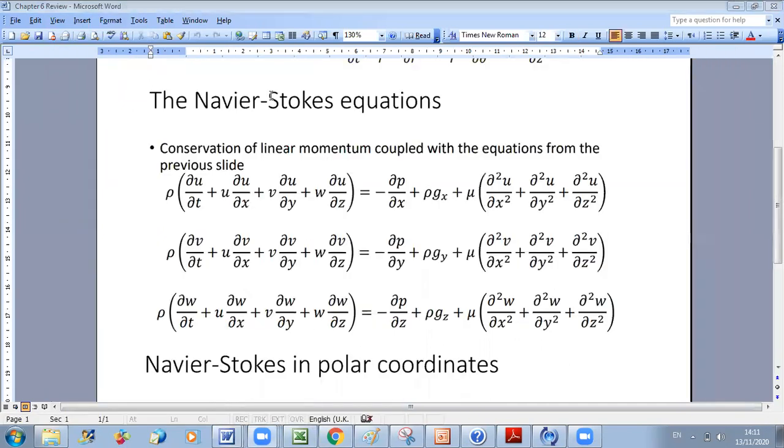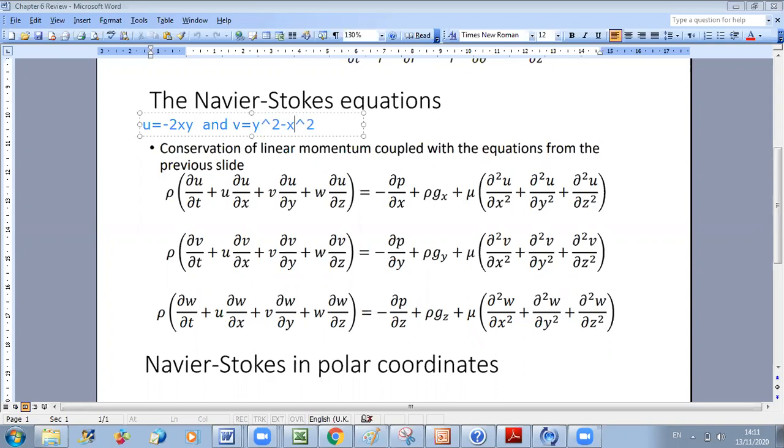So in this problem, I have that u is equal to minus 2xy, and v is equal to x squared minus y squared. Oh, sorry, y squared minus x squared.